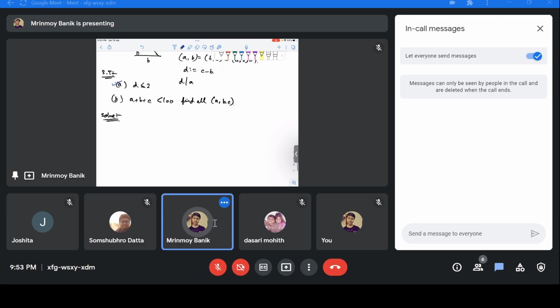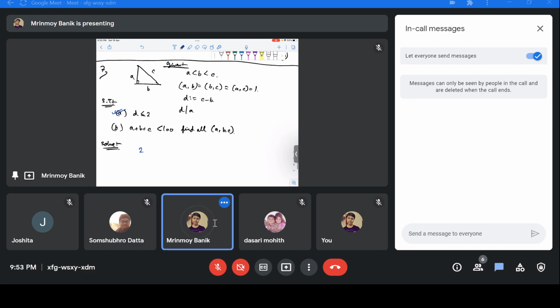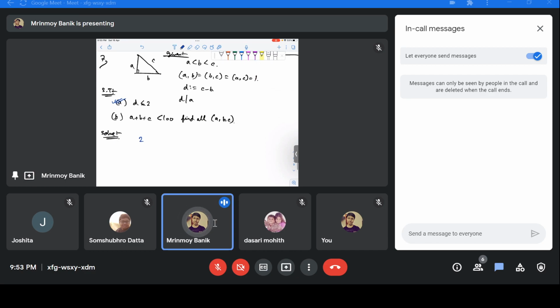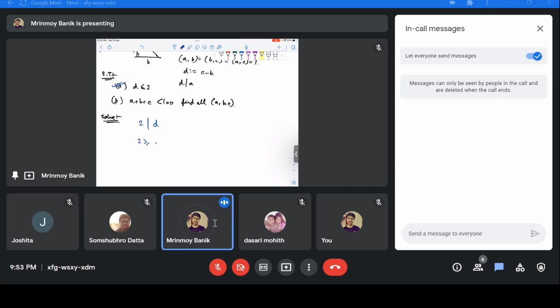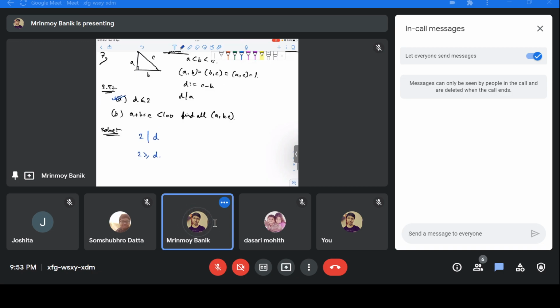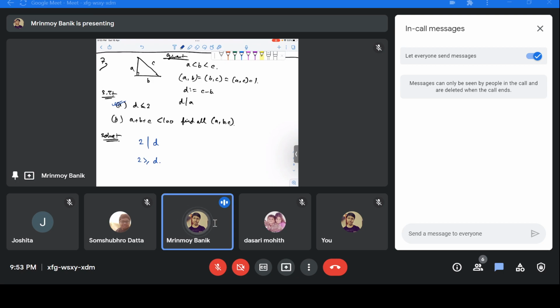So to prove the first part, how do we show something is less than something? Here, obviously, it's a problem on number theory and Pythagorean tuples. So our primary aim will be to prove that D divides 2. Then D has to be less than or equal to 2. So let's try that.